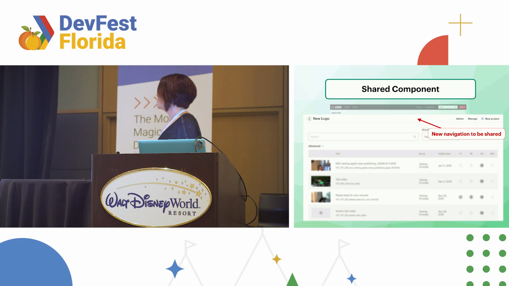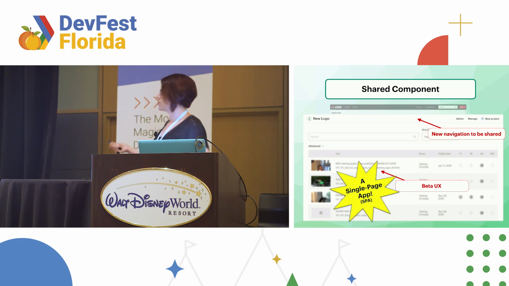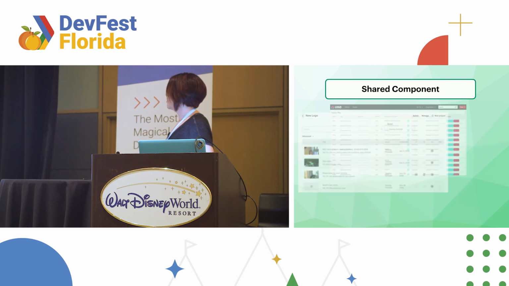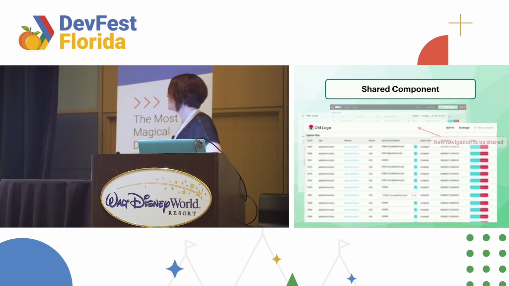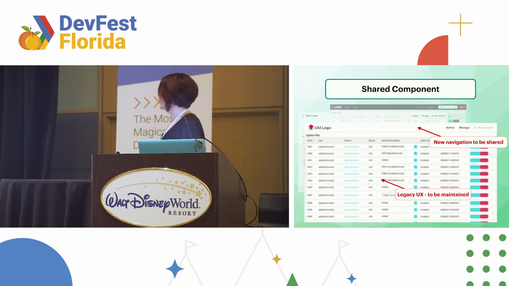And I want to have this new navigation, but I want it to exist, this global nav, on both my beta user experience, which will be my single page app, that's my SPA, but I also want to maintain my legacy user experience for my current and legacy users. So this new navigation that's to be shared will appear on both user experiences, but it's one component.